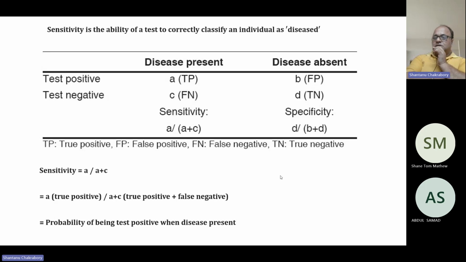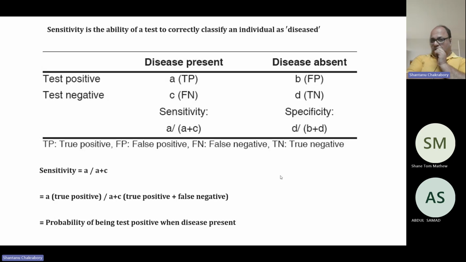We can use sensitivity and specificity. So the probability of a test being positive and the disease is present, the probability of a test being negative and the disease is absent. What is the probability that a test is positive and the disease is present? What is the probability of a test being negative and the disease is absent?